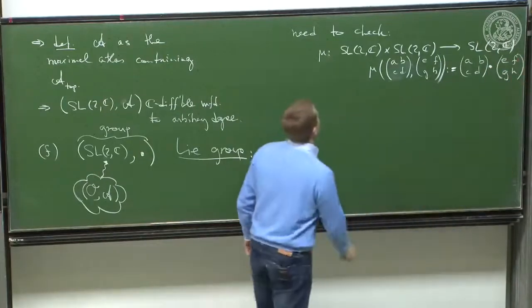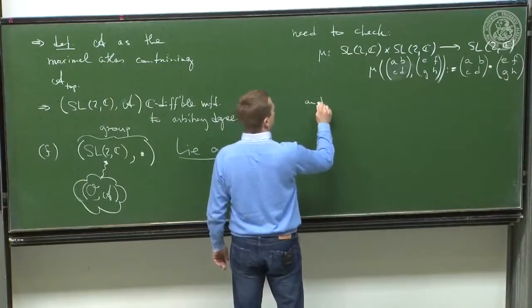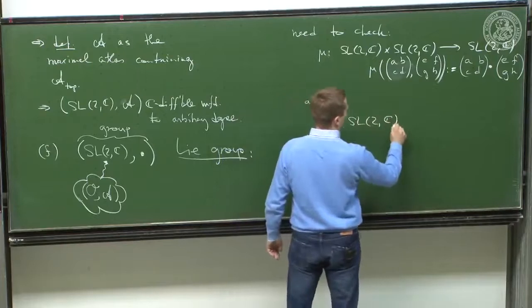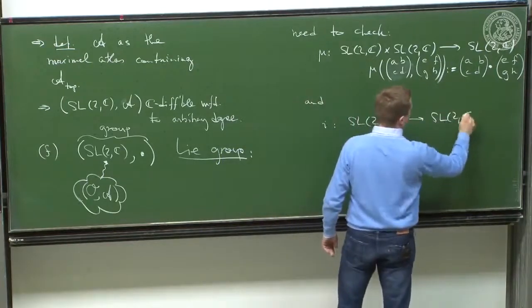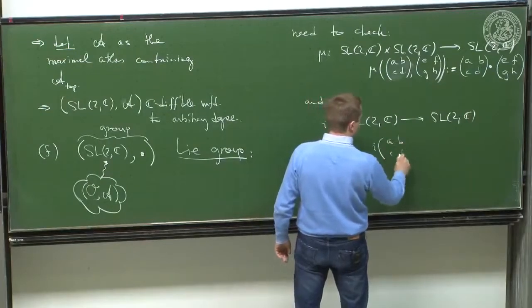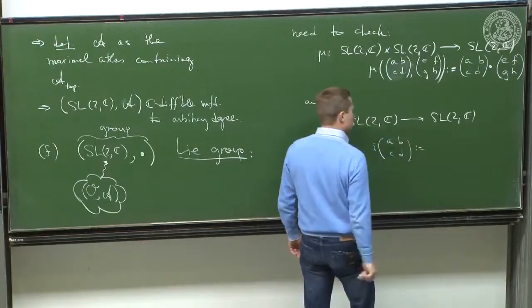That's this map. We need to check that this map and this map I, that takes only one element to an element of SL2(C) by virtue of A, B, C, D, by virtue of mapping this to the inverse.